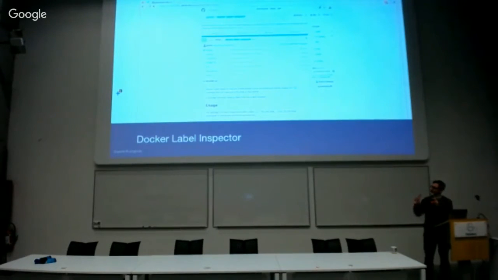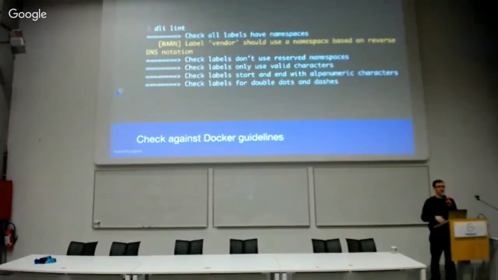So another, a slightly different approach is a tool I built, and I'll show a demo of this in a second. Basically, Docker Label Inspector. This isn't a particularly polished product, but I think the ideas are part of this sort of narrative that I'm building. Some of it is literally just linting. Again, basically taking the Docker guidelines and turning them into code.